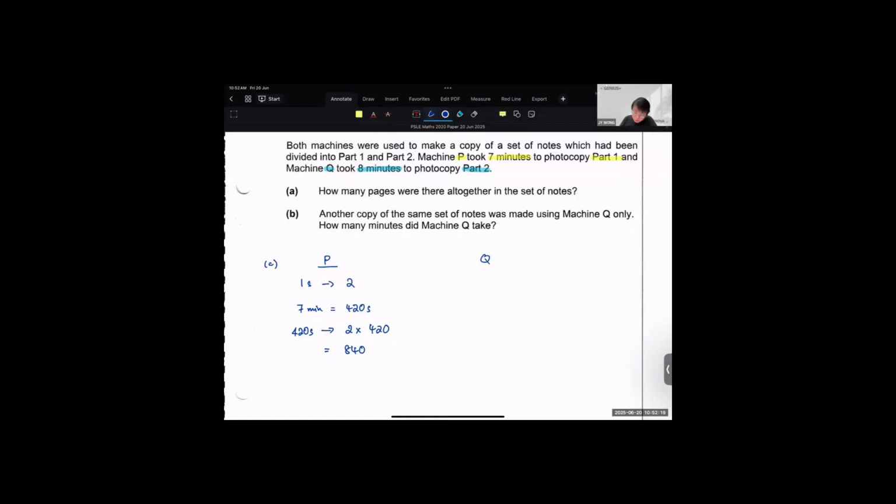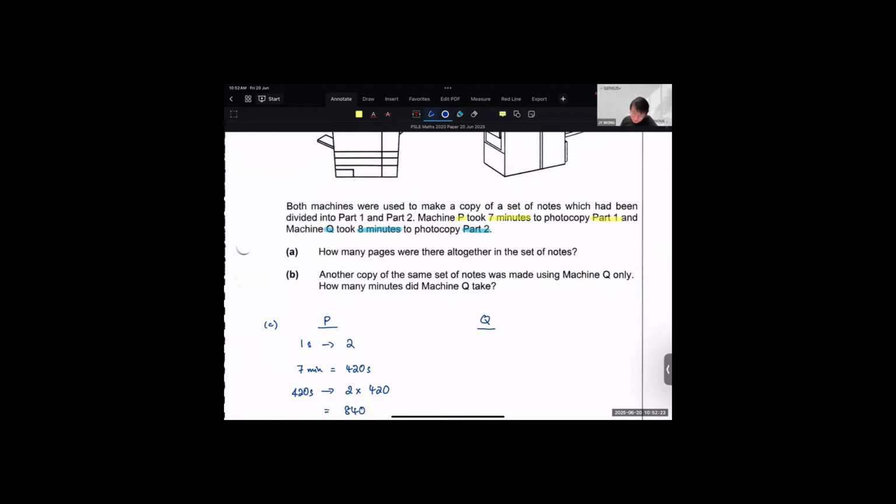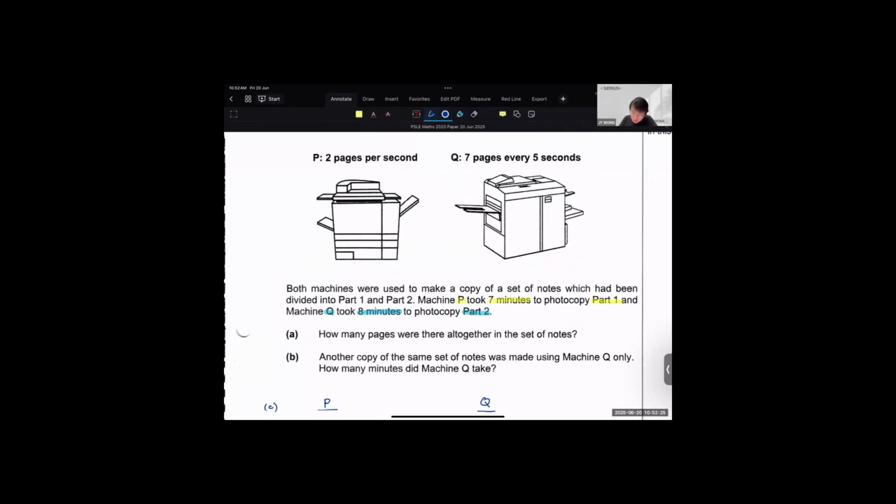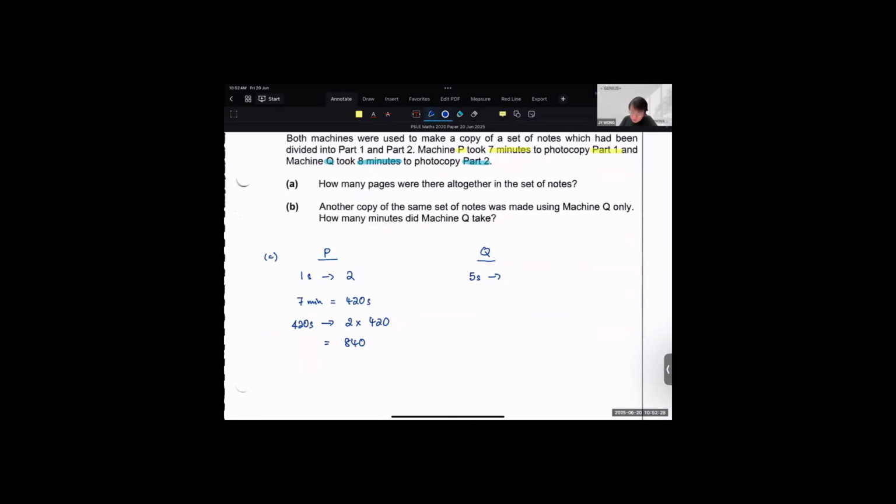Then we look at machine Q. Slightly more complicated because they give you per 5 seconds. But doesn't matter. You know that 5 seconds is 7 pages, right? So machine Q took 8 minutes. So you need to find 8 minutes is how many seconds? 8 minutes is equal to 8 times 60, so 480 seconds. But this is every 5 seconds.